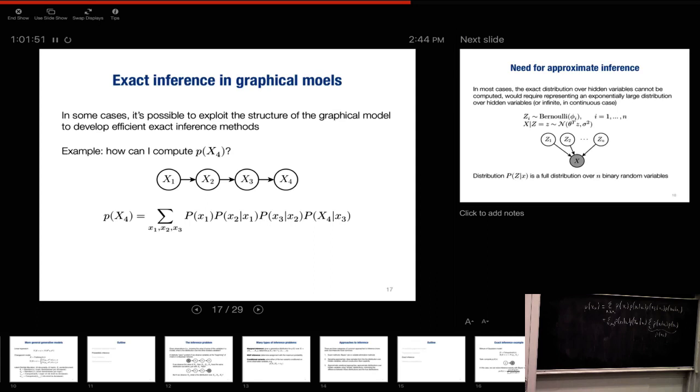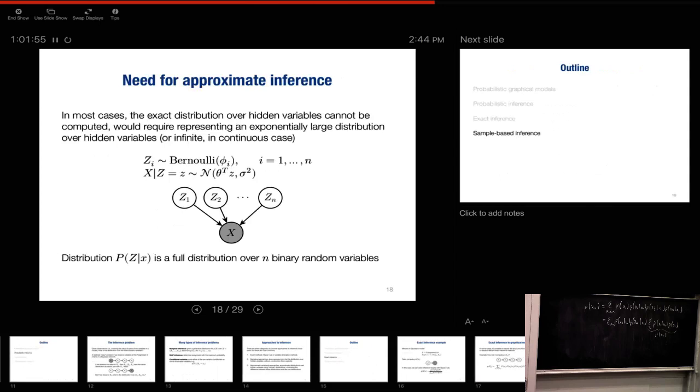Let me illustrate that with a really simple example where we can't do anything but the most naive thing of enumerating all possible variables. I have a bunch of Bernoulli random variables, the zi's, which are all binary, 0 or 1.